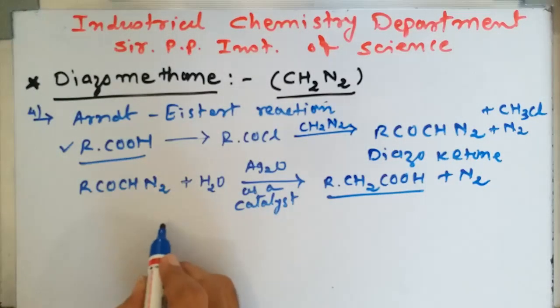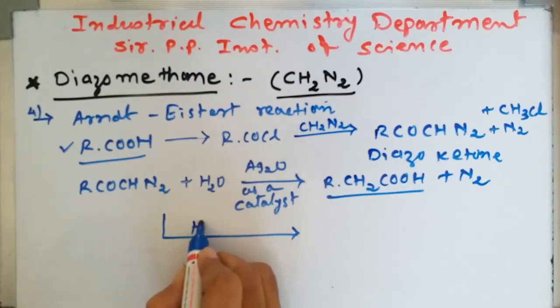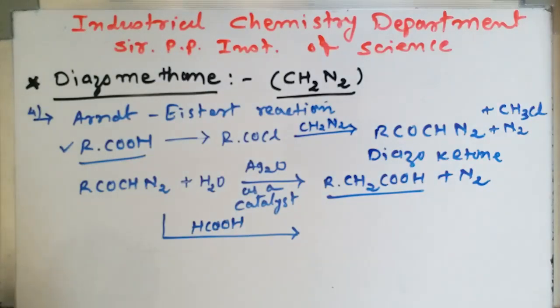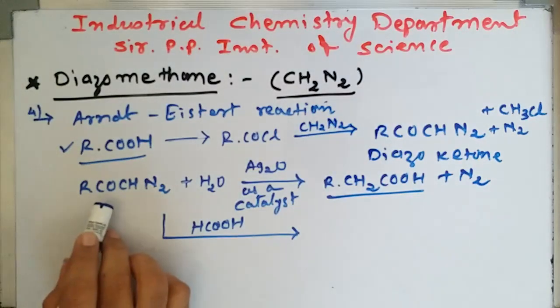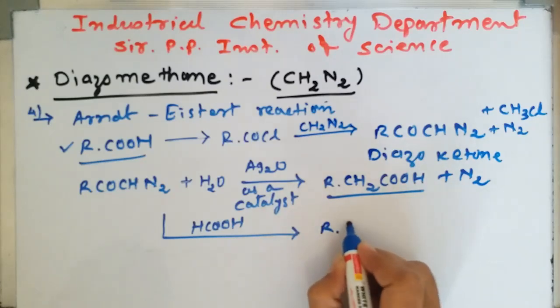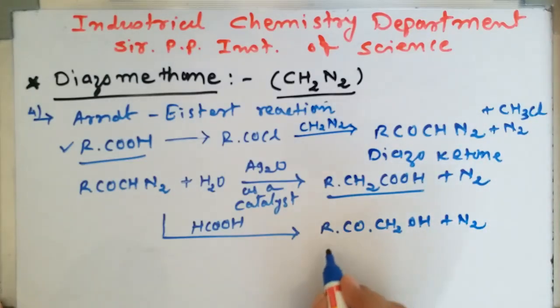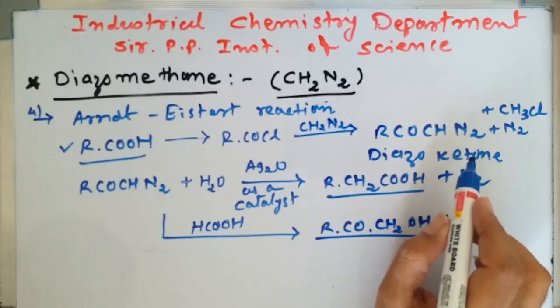This acid is not produced, but in presence of formic acid, HCOOH, if Ag2O is absent as catalyst, and instead we react diazoketone, water and formic acid, then it is converted into hydroxymethyl ketones, RCOCH2OH plus N2. This is hydroxymethyl ketone.